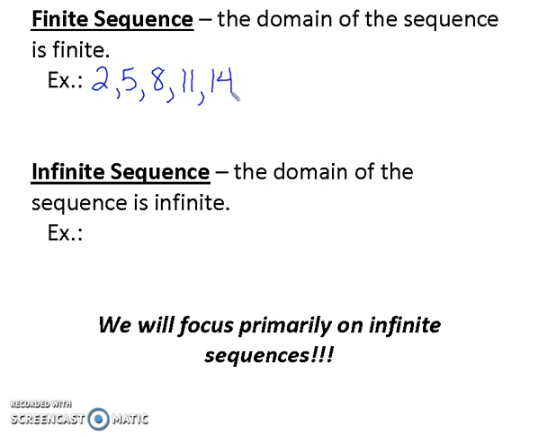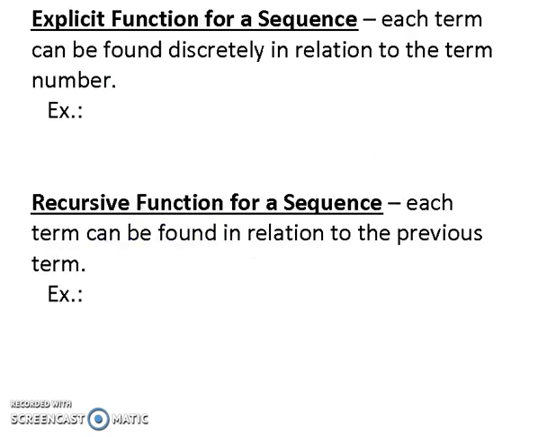An infinite sequence would be 2, 5, 8, 11, 14, ... And that tells us that we would continue that pattern of adding 3 forever and for always. These are the types of sequences we are primarily going to be focusing on in this course, ones that do not ever end.